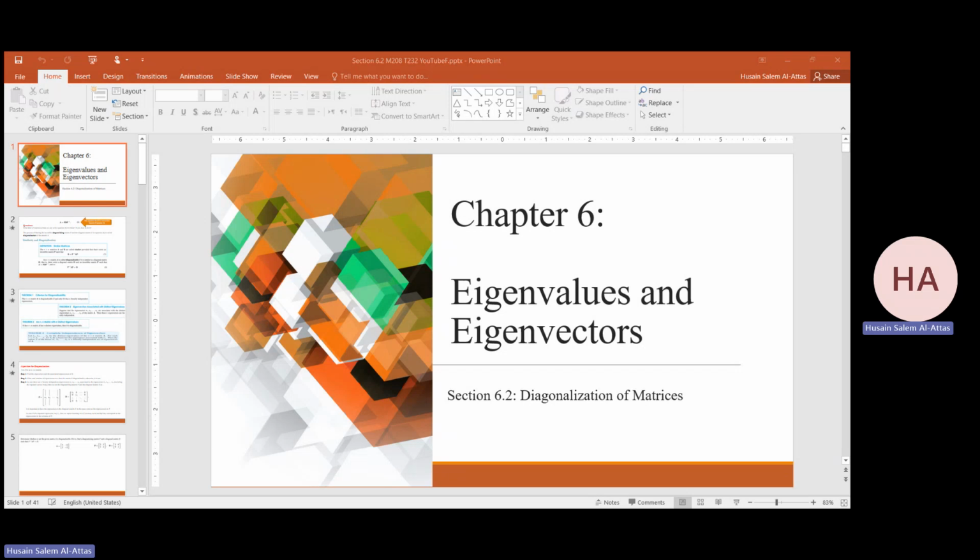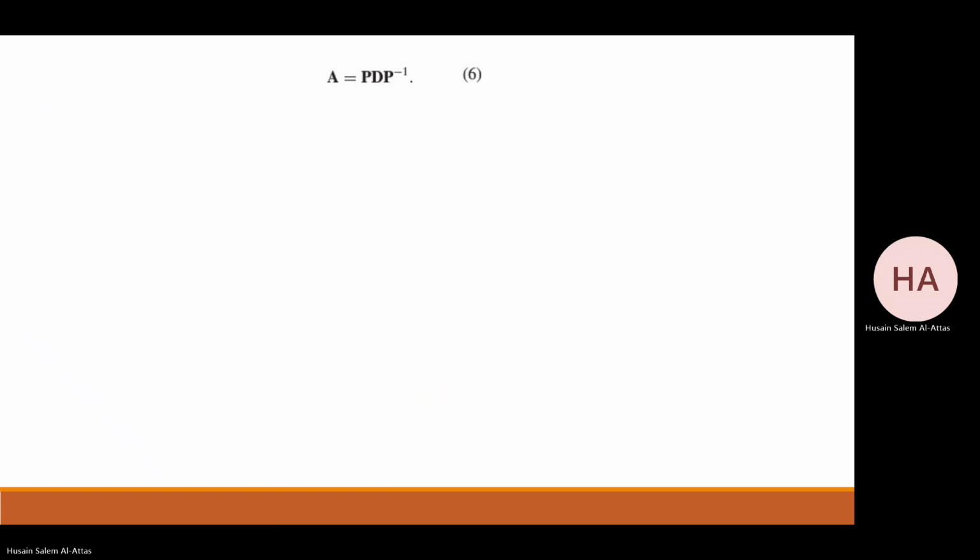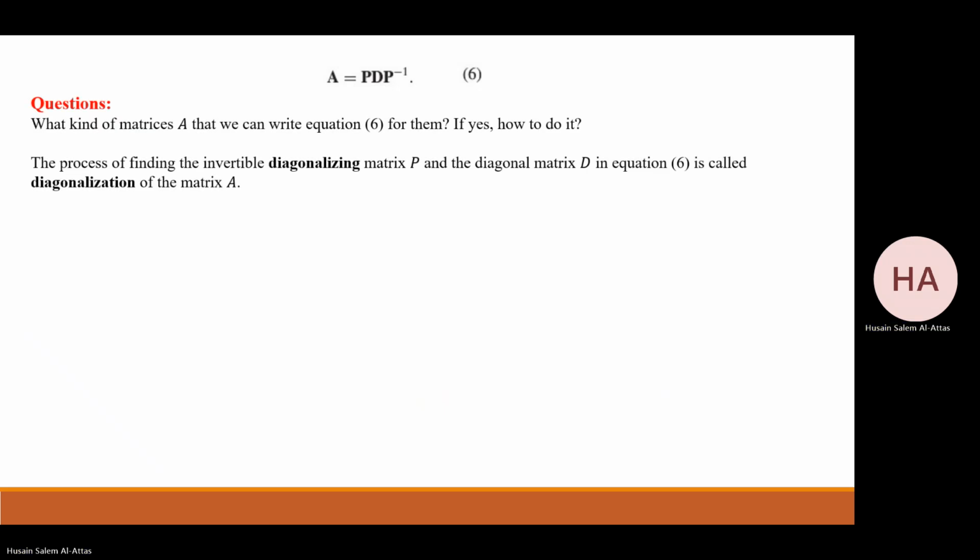So now this is 6.2, which is about diagonalization of matrices. What's the idea? A diagonal matrix means it has entries on the diagonal and the rest are zero.